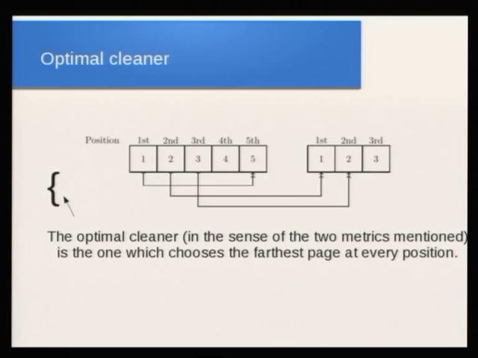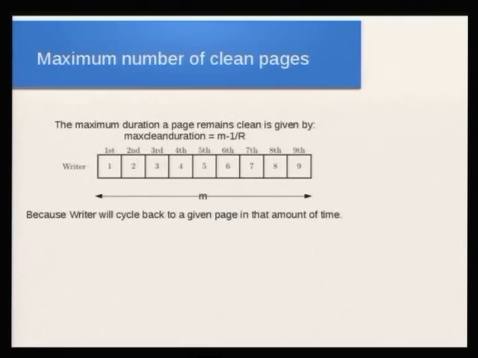Yeah, and I just said that the optimal cleaner is the one which chooses the farthest page at every position. And then, what is the maximum number of clean pages? The maximum duration that a page remains clean is given by M, which is the length of the writer sequence. And R is the ratio between CPU and network.